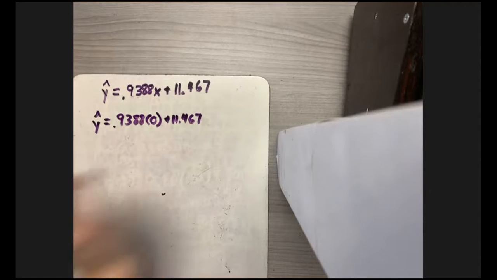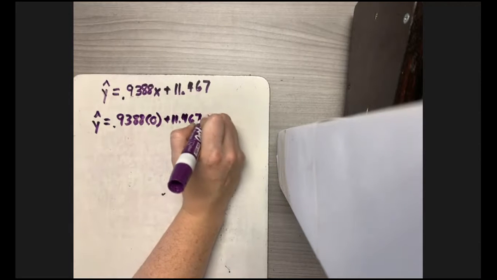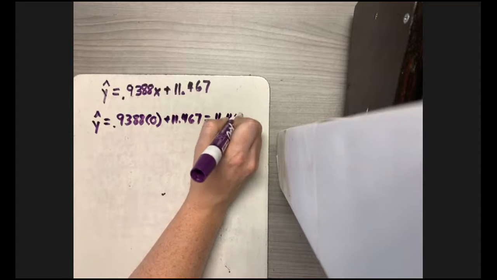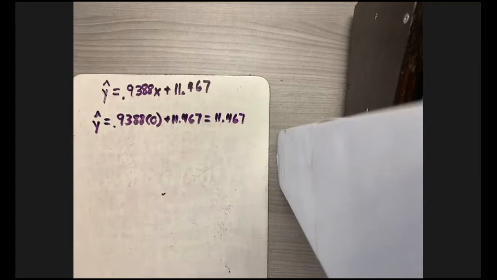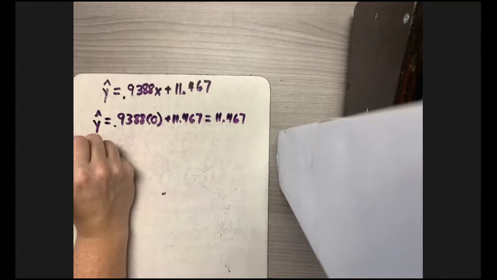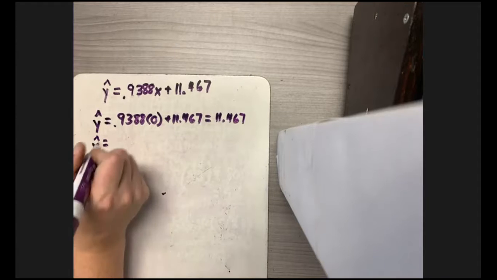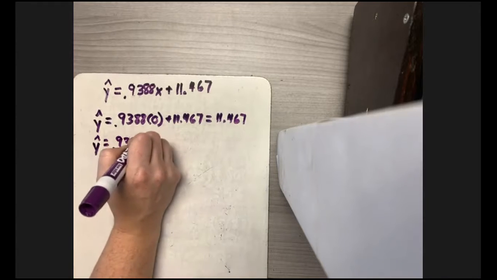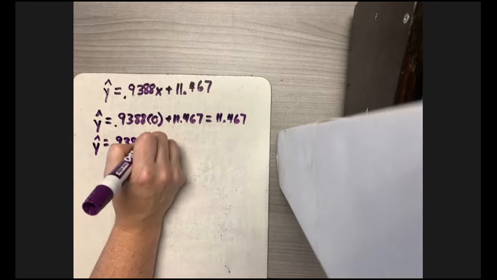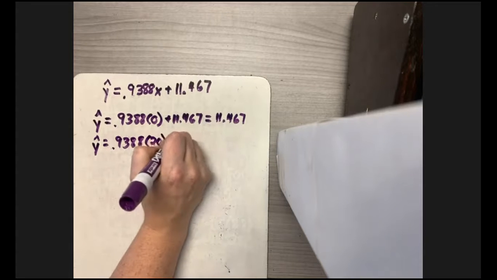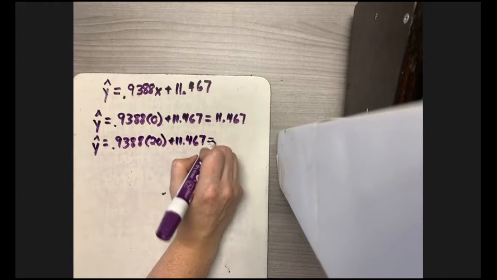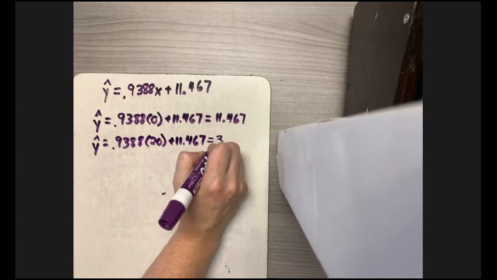When I plug this in, I get 11.467. And then I'm going to plug in another number that is 20 away, so I'm going to pick 20. Now you could pick 10 and 30. You can pick any 2 numbers.